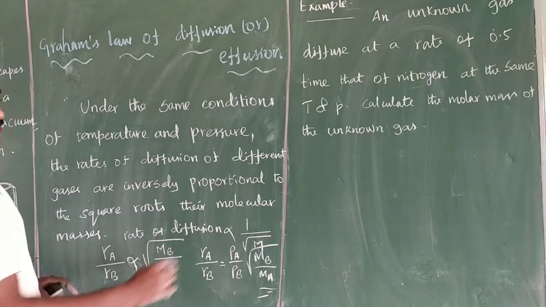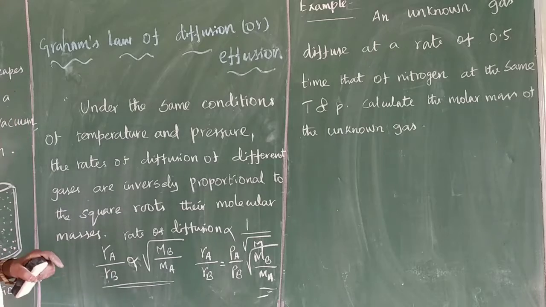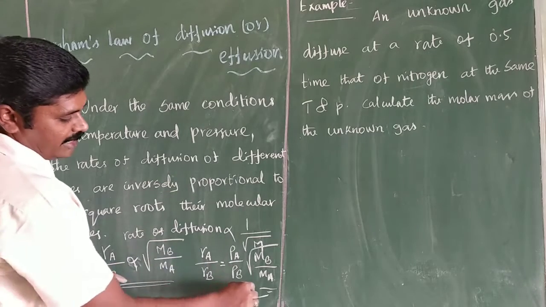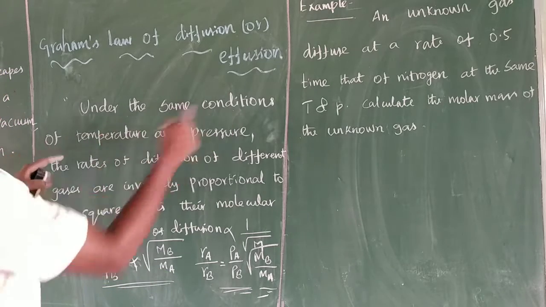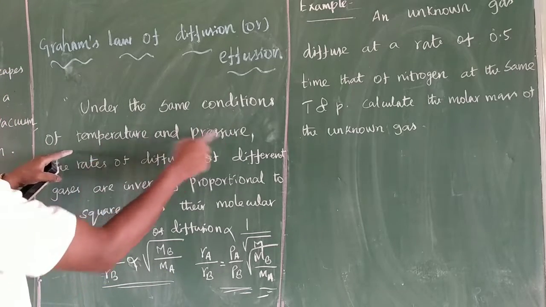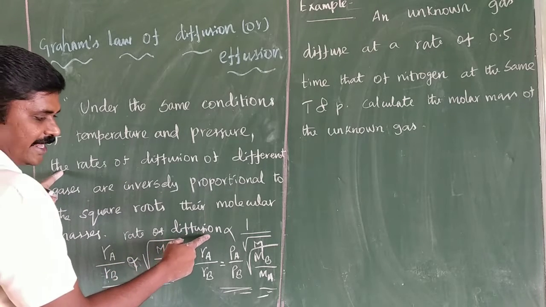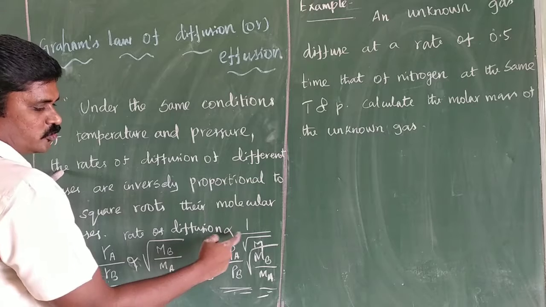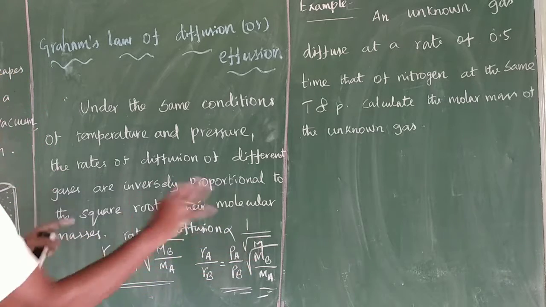So the earlier formula is used under the same conditions of temperature and pressure, and this formula is used for different pressure conditions. Under the same temperature and pressure, the rate of diffusion is inversely proportional to the square root of molar mass or molecular mass.